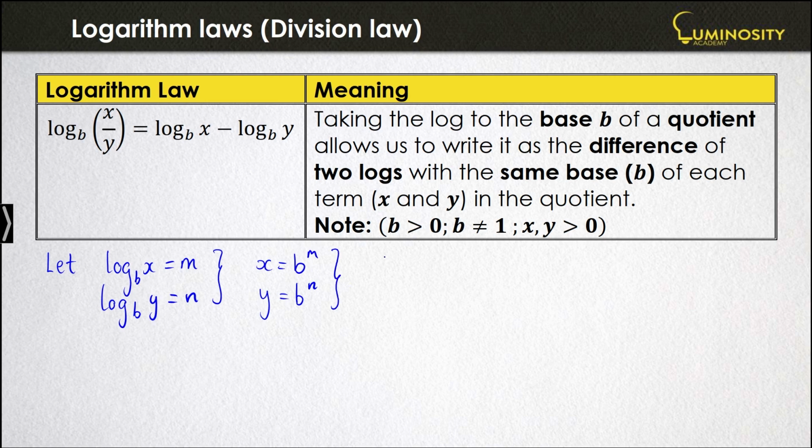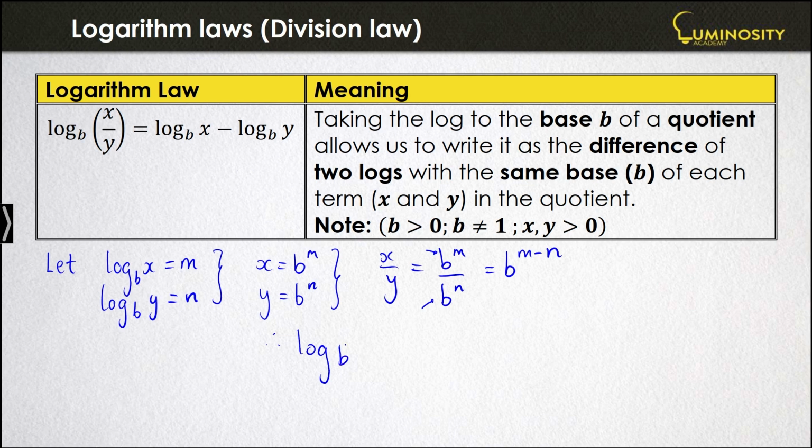And then if you divide x by y, we have b to the m over b to the n. And exponential rules tell us that the bases b are equal, so we can subtract the exponents.